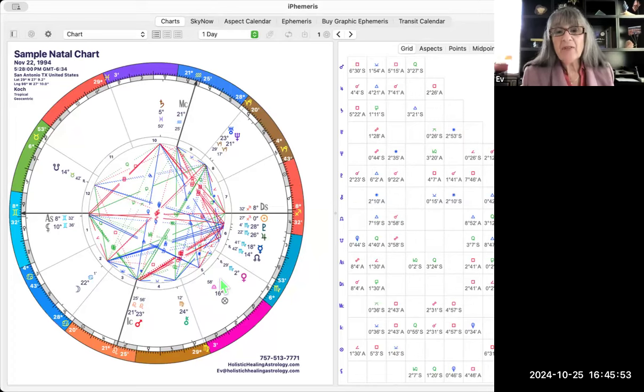And by the way, some of them are not very accurate. This one here that I use, ephemeris, is extremely accurate, and it uses the telescope that NASA uses. So we get the exact degree and minute of the planet in the sign of Capricorn or Sagittarius or Gemini. You see, it's a very precise tool.